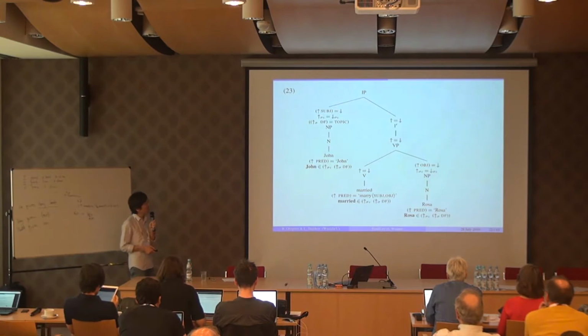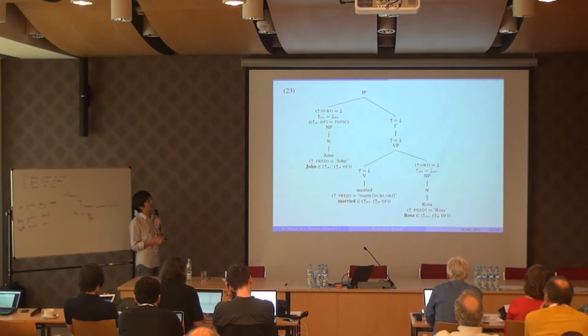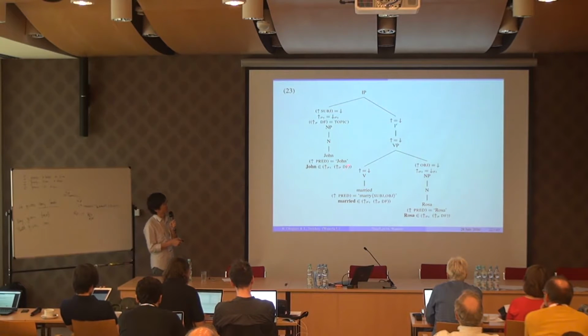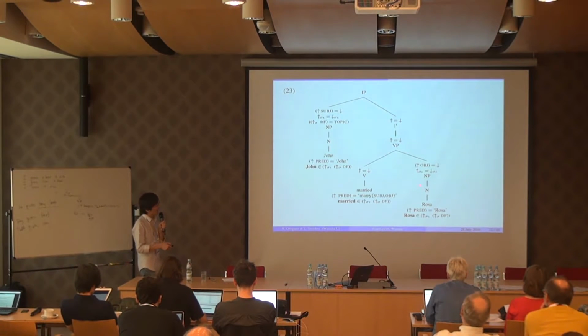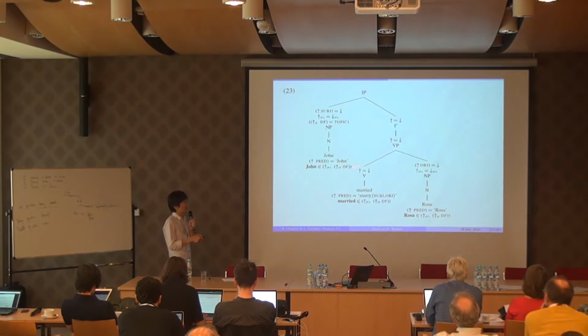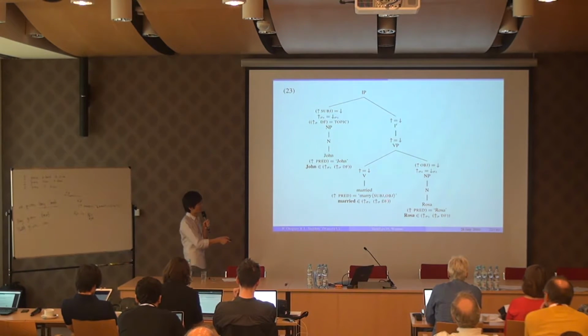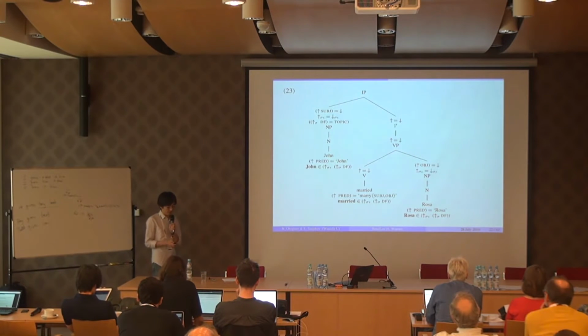In the c-structure, Spec IP is a subject position, but optionally it can be a topic position. So John is a topic, and DF is specified as a topic here. Then married and Rosa are both focus, but that cannot be determined by the phrase structure position. There are other ways, like prosody or discourse context. But anyway, the DF is specified as a focus in both married and Rosa.